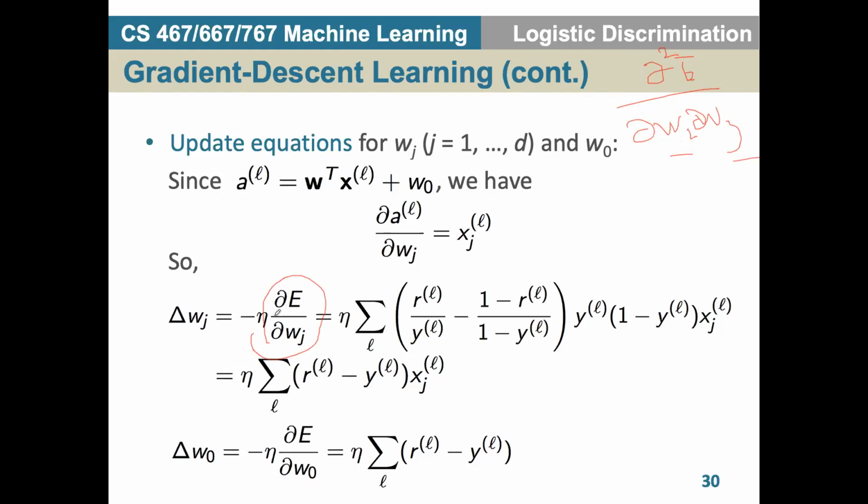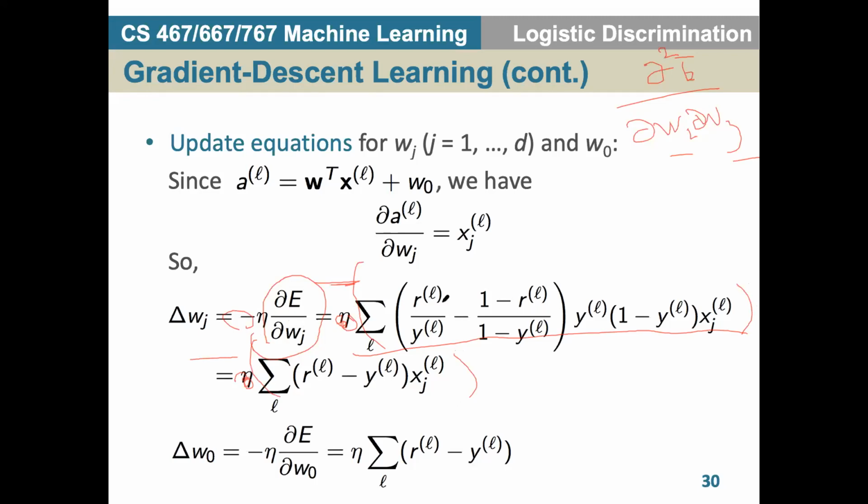So this already tells you this equals this thing. Of course, there's a negation: the derivative of E with respect to Wj is equal to negative this. This is the conclusion after we simplify.